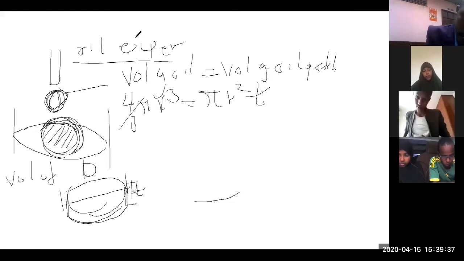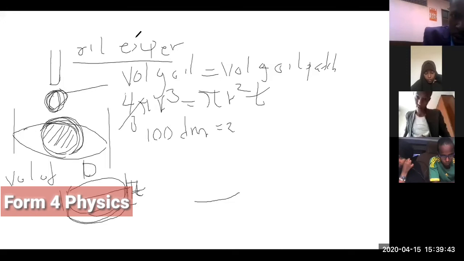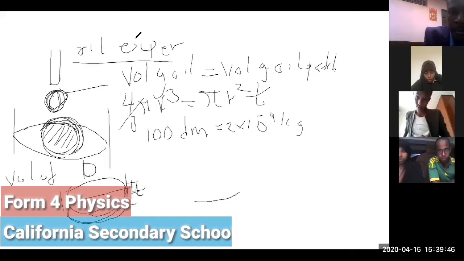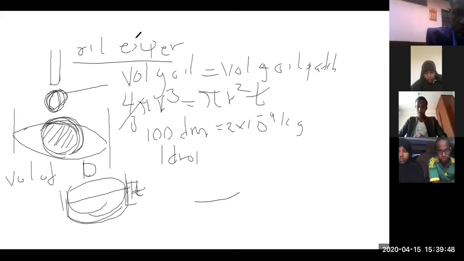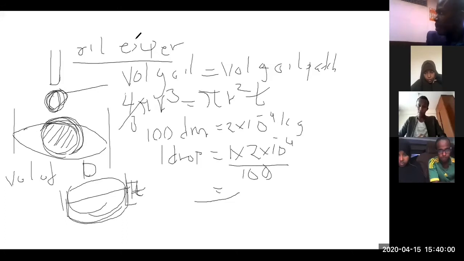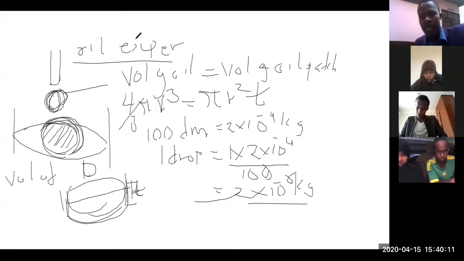If 100 drops give us 2 times 10 raised to negative 4 kg, then one drop is 2 times 10 raised to negative 4 divided by 100, which gives us 2 times 10 raised to power negative 6 kg. This is the mass of a single drop.